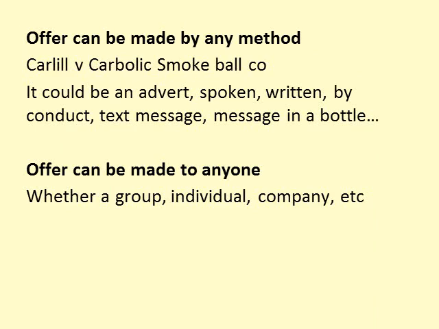And an offer can be made by any method at all. And as we've seen in Carlill and the Carbolic Smokeball Company, very useful case that one, you can make an offer through an advertisement. It can be spoken, it can be written, it can be through what you do, your physical conduct, it can be through a text message, it can be through a message in a bottle, and it can be made to anyone, whether it's a group, an individual, a company, a representative of a company.